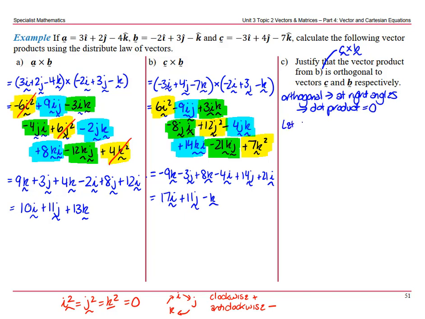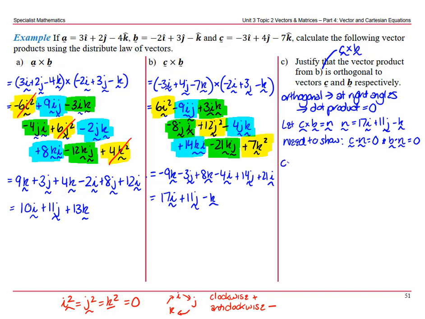So let C cross B equal vector n, and we know that n is equal to 17i plus 11j minus k, which we just found. So we need to show that C dot n is equal to 0 and B dot n is equal to 0.